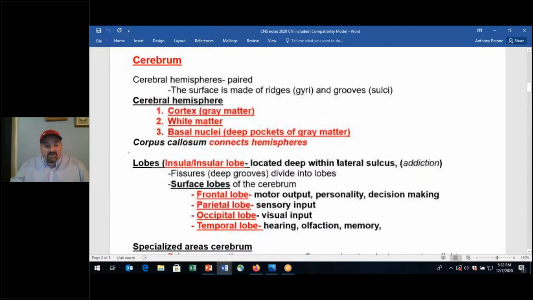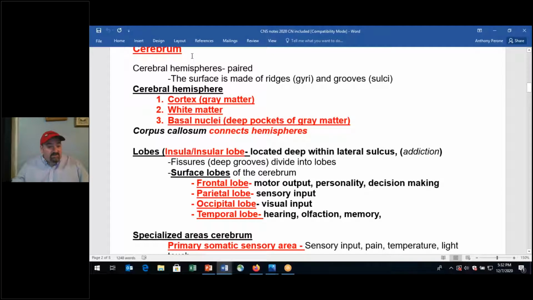You'll see here, as far as the cerebrum, right? Cerebral hemispheres. These are paired, right? They're bilateral. We have the gyri and the sulci, or a gyrus is one, a sulcus is one. As far as the grooves, the indentations, and the ridges, the folds would be a gyrus.